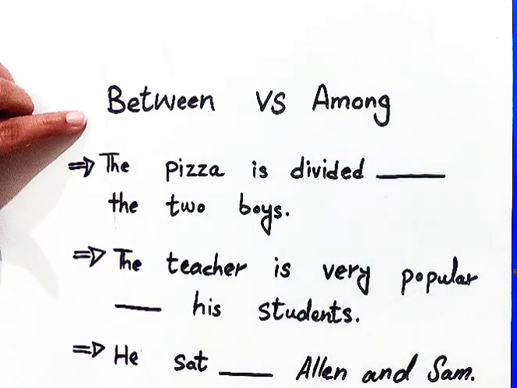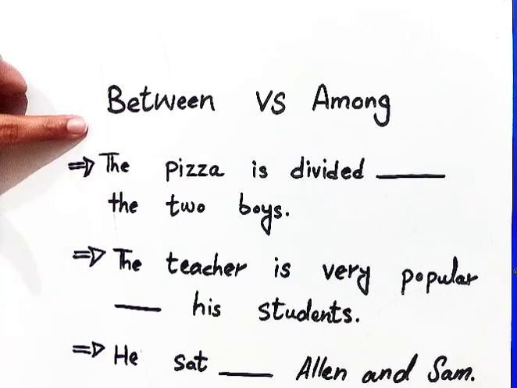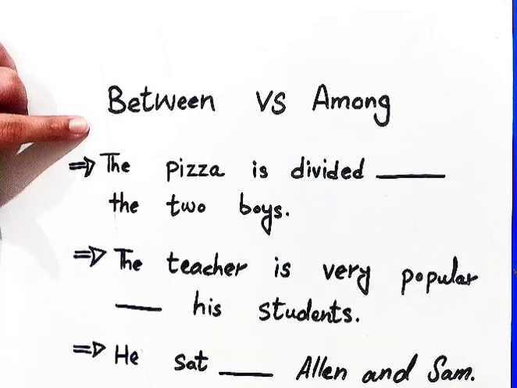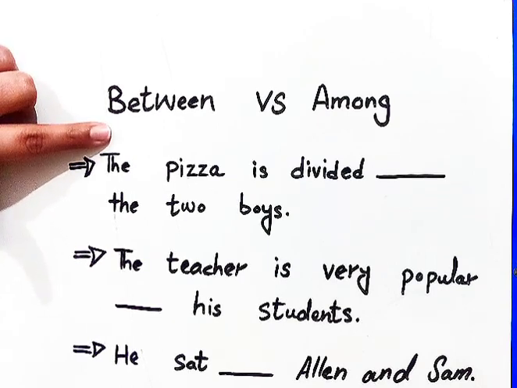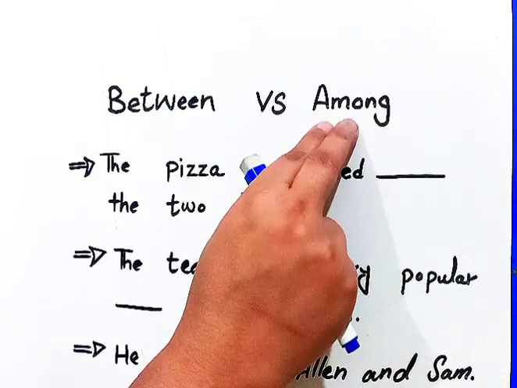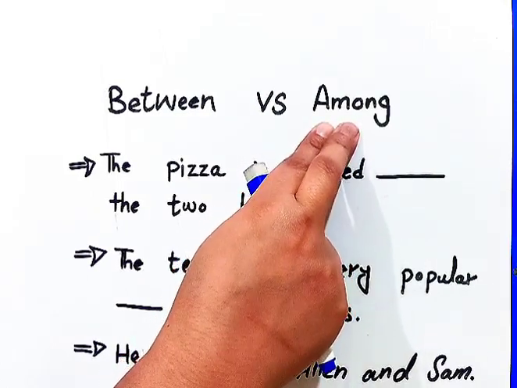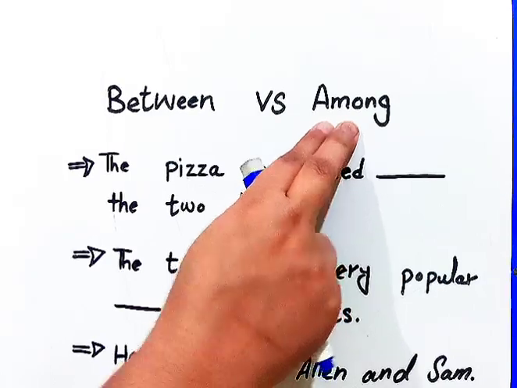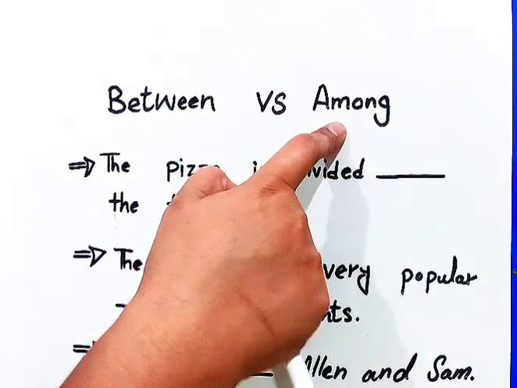Well, when we talk about two persons, or when there are only two persons, we will say or write between, right? And when there are more than two persons, or there is a group of people, we will say or write among.